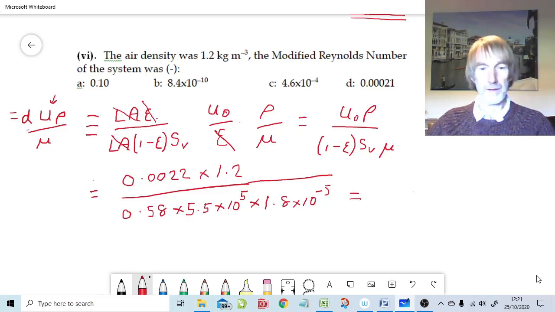Let's pop that in there. So we have 0.0022, oops, let's start again, 0.022 times 1.2, divided by 0.58, divided by 5.5, divided by 1.8.